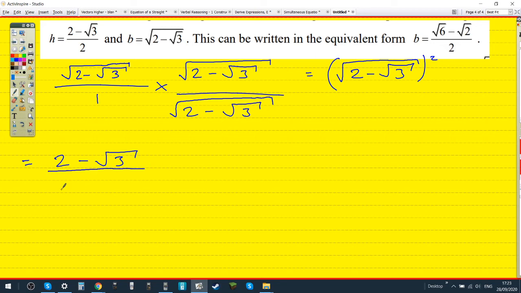Square root of 2 minus root 3. Oh, that didn't help. It just moved it to the bottom. Yeah, it will just cancel out now. Then it just goes back to being what it was, I believe. Yeah, it just goes back to square root of 2 minus root 3.